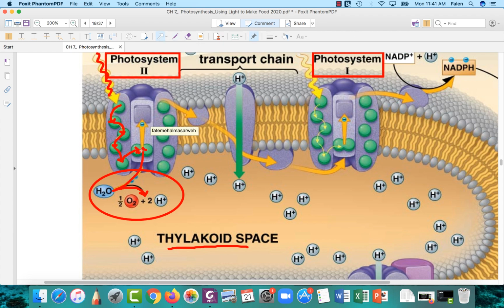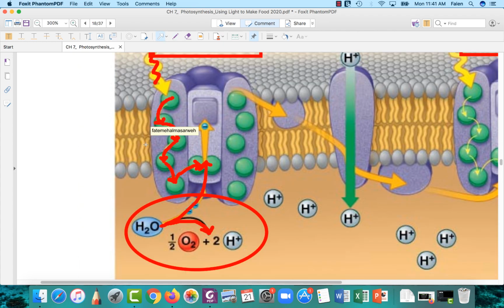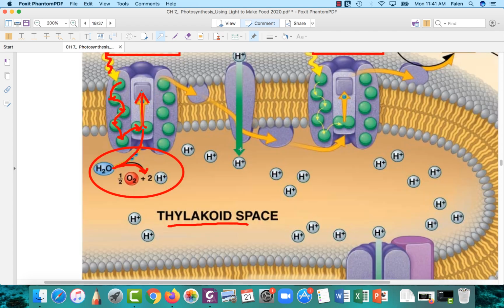See how this arrow jumps up? Well, it gets big and wide. It's showing you an excited state of these electrons, and they're going to go where? To the reaction center. All right, now this is an important factor, so take notes on all of it. But this process that I just discussed with you, the splitting of water, okay?